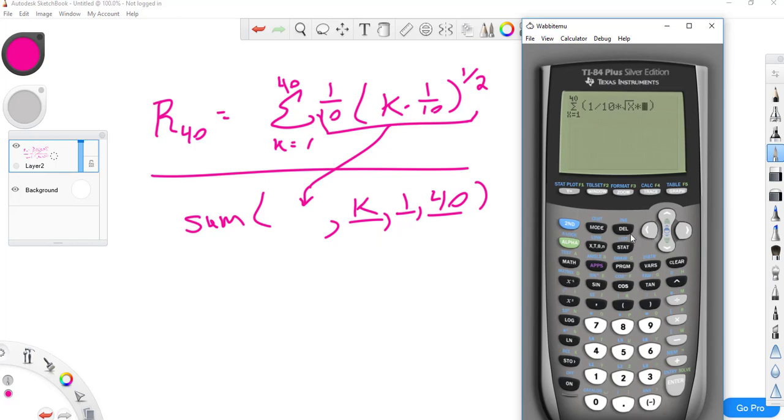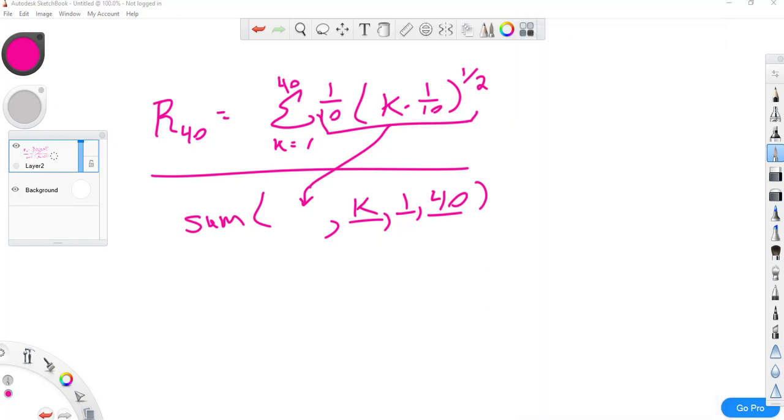Shoot. Okay, I can fix it. There we go. 1/10. Delete that guy. Yep, we're all good. And then hit enter. And we're going to get 5.4269, which is the same thing that we got when we used Wolfram Alpha.